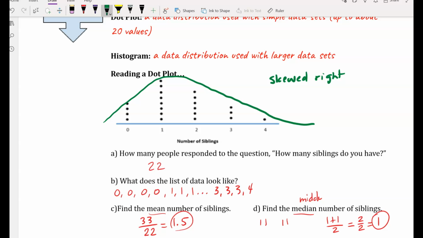Since it's skewed to the right, we expect that our median is going to be less than the mean, because the mean is being pulled to the right. The mean is being pulled this way. And you can see that our mean is greater than our median when we found those exactly. But if we have a distribution that's skewed right, the median is always going to be less than the mean, which means the mean is greater than the median.